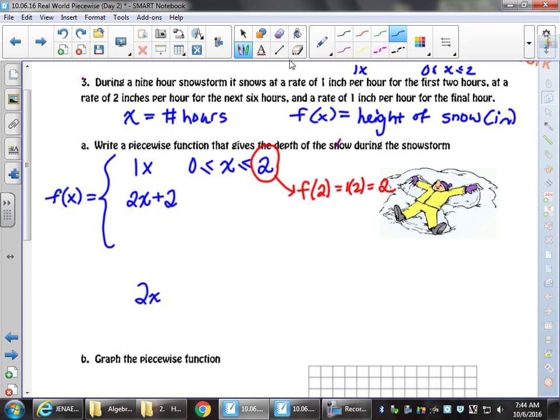So to figure out how much snow is on the ground for this next piece of time, we're going to take that last time that we have, substitute it in, and now I know how much snow is on the ground at the end of hour 2. That becomes the initial value for my next piece. So this next piece applies to what segment of time? Between what hour and what hour?